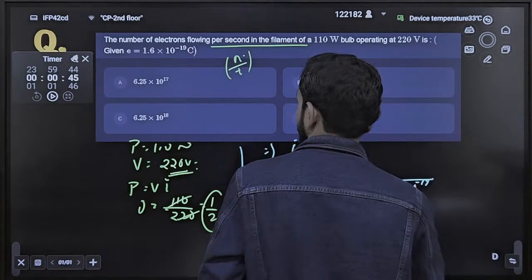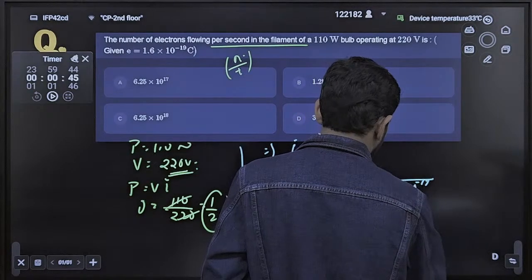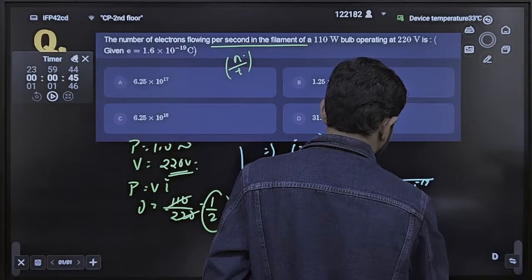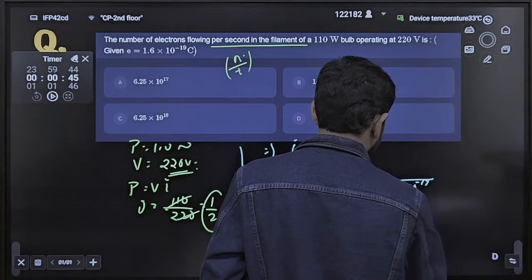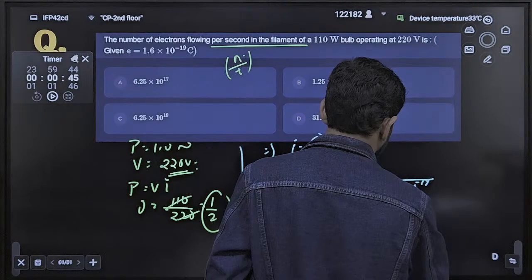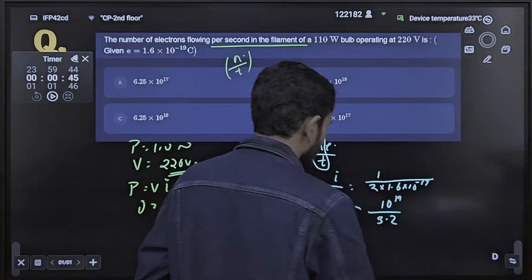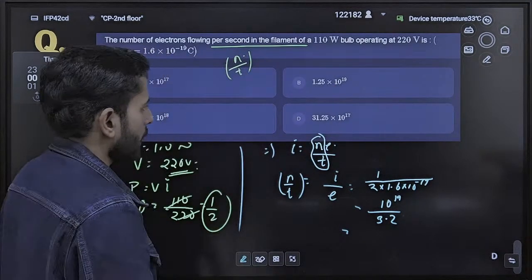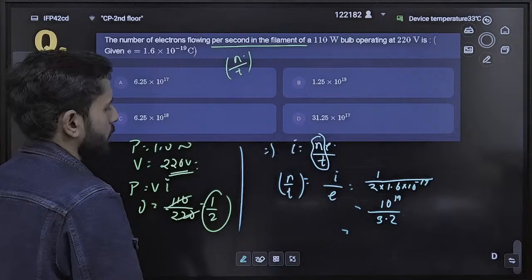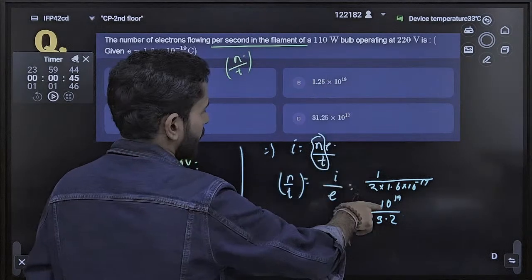So it can also be written as 1 by 3.2, 10 power 19 going in the numerator, and options. Is it possible answer? 1 divided by 3.2.